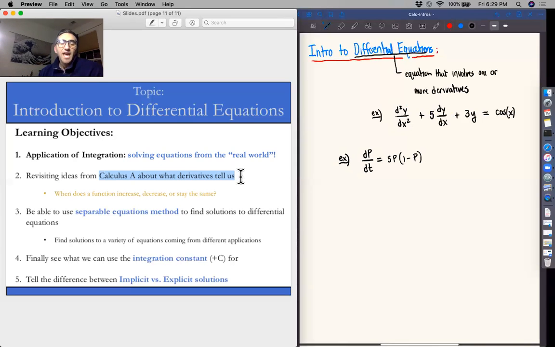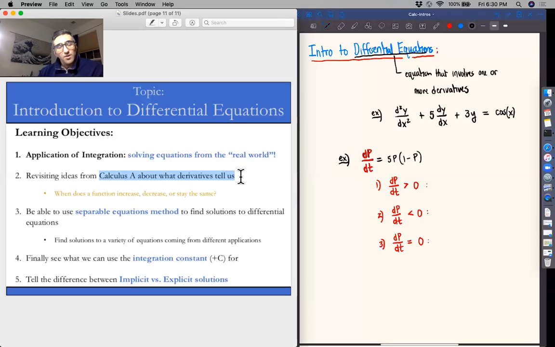The questions we start asking, as in Calculus A, focus on this derivative term. What does it mean when the right-hand side, our derivative, is positive? What does it mean when our derivative, say dp/dt, is negative? What does that mean about the solution p with respect to time? Or what does it mean when our derivative is equal to 0?